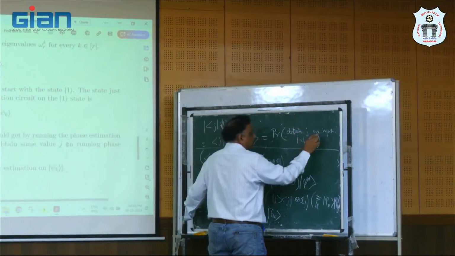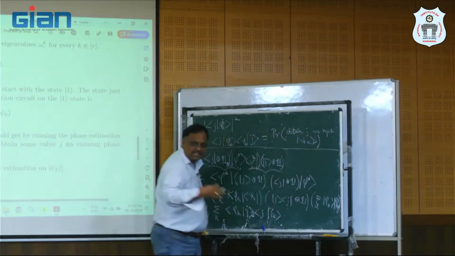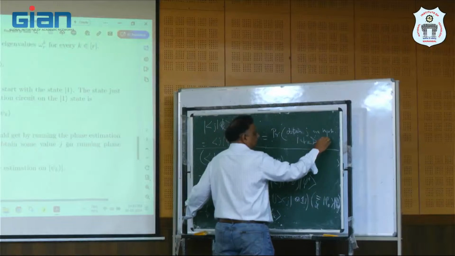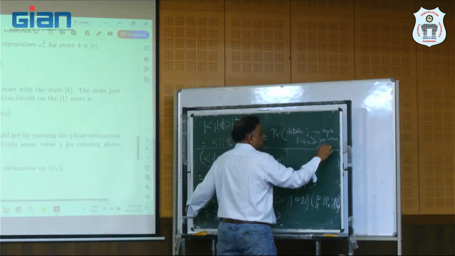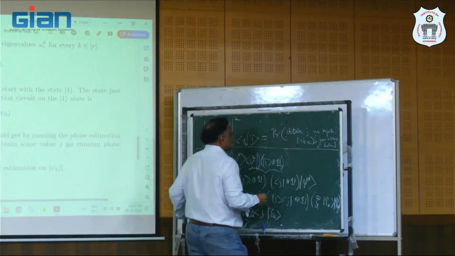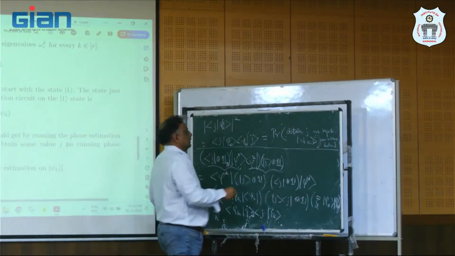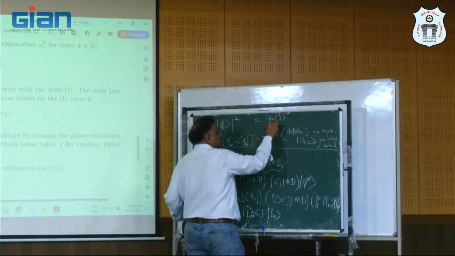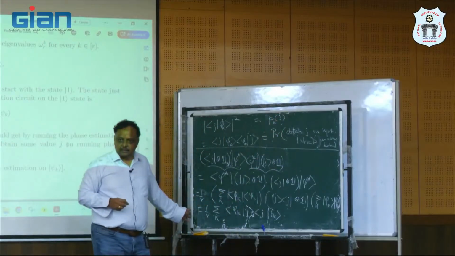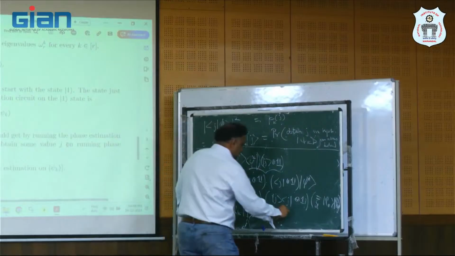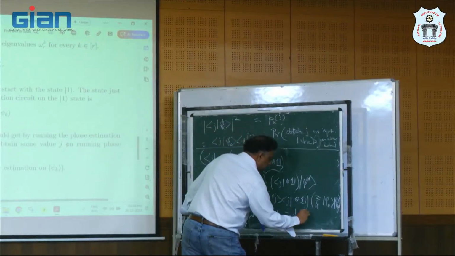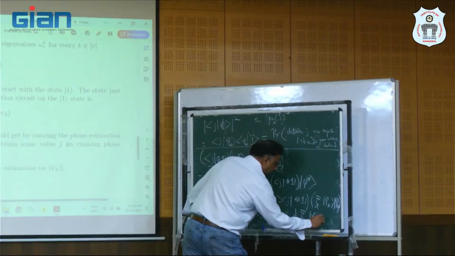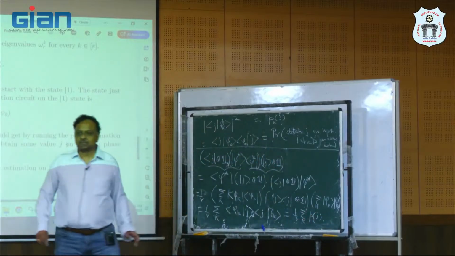Let's call this P J K, correct? So this is equal to 1 over R summation K P J K, correct?